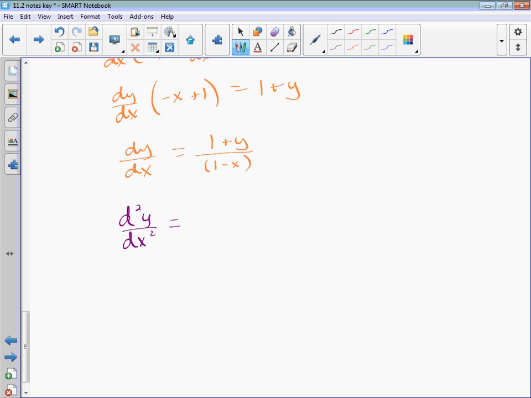Alright guys, I want you to try to do the derivative of this. See what you get. Do the first step of your quotient rule, and then we'll look at it together, okay?